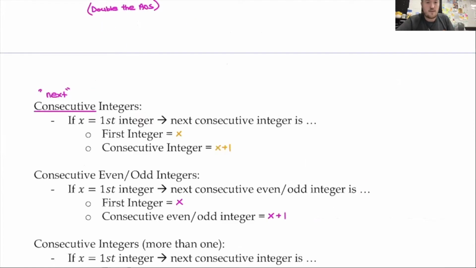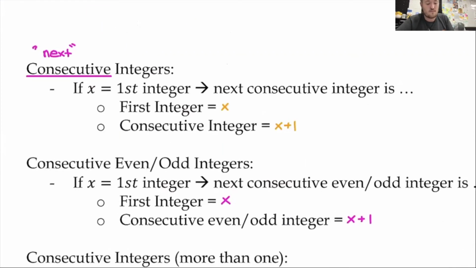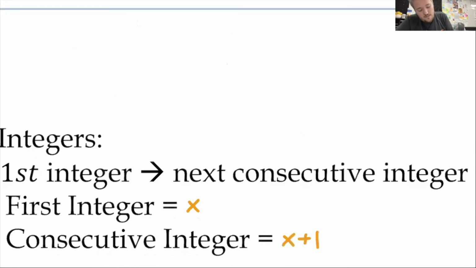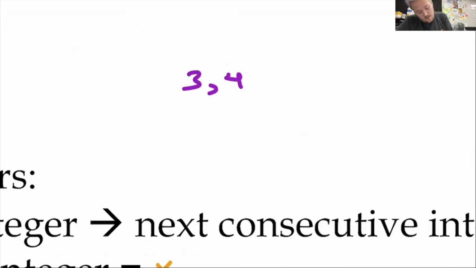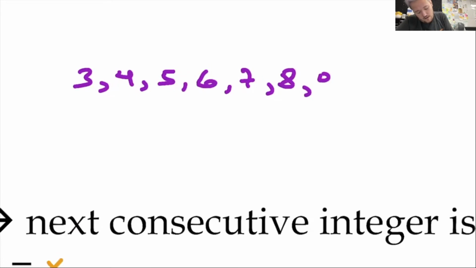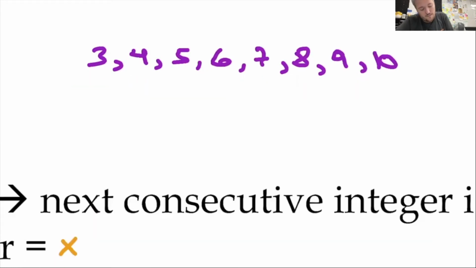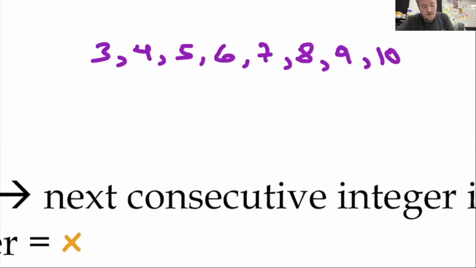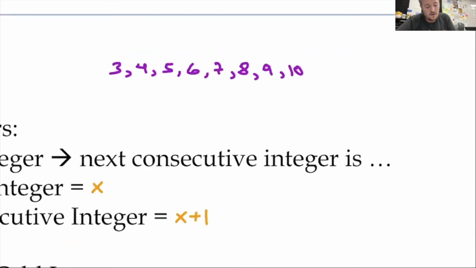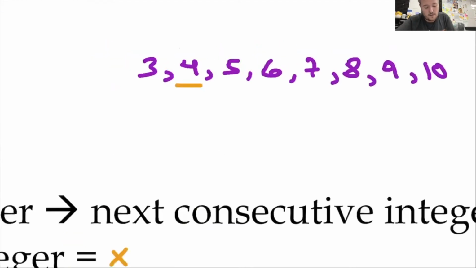So if I'm talking about 4, or here, let's actually do this. 3, 4, 5, 6, 7, 8, 9, and 10. That should be plenty. All right, so let's say we're talking about 4. Well, the consecutive integer is 5.